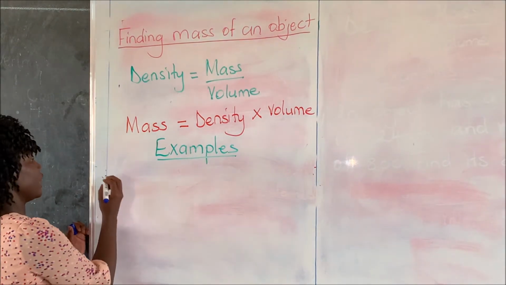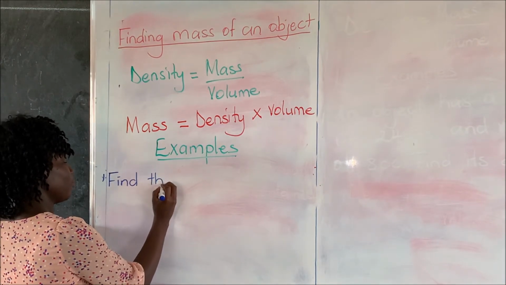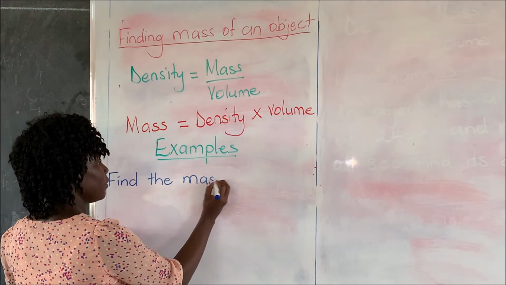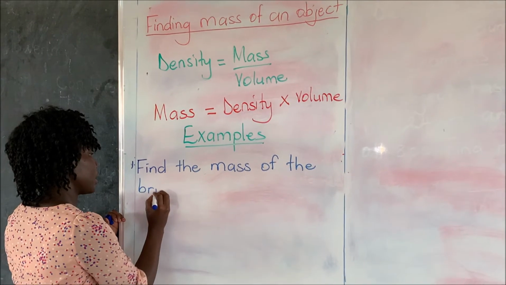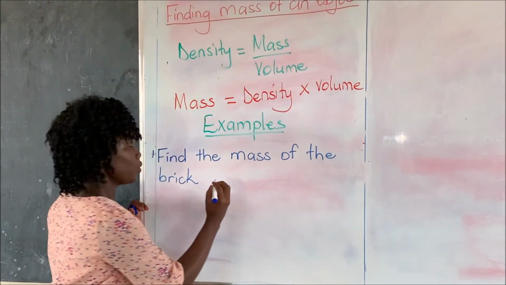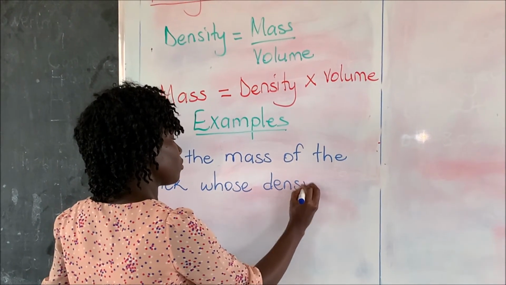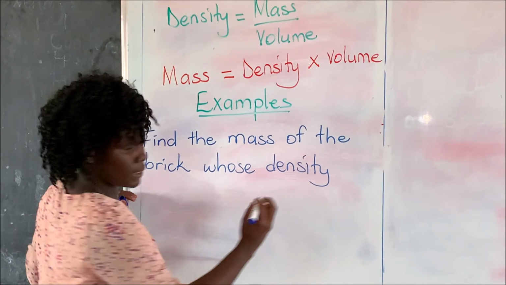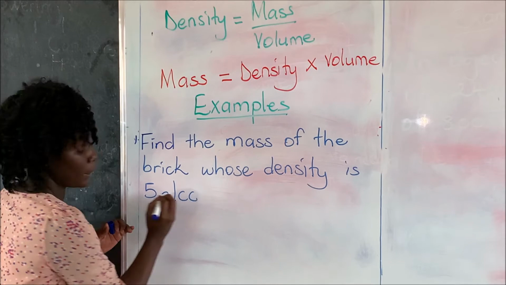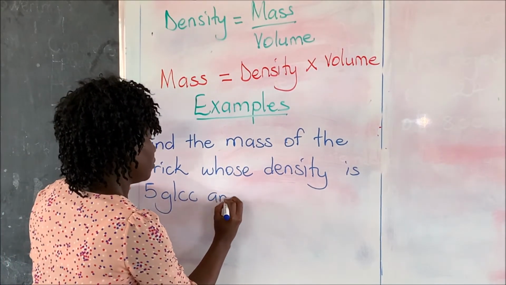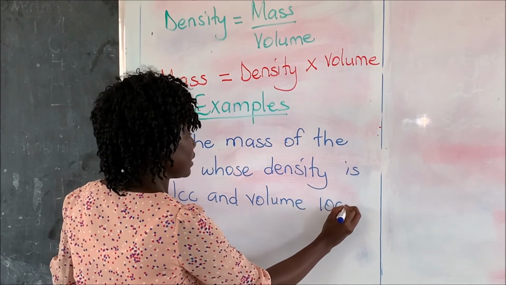Find the mass of the brick, number one. Find the mass of the brick whose density is 5 grams per cubic centimeter, and volume 10 cubic centimeter.